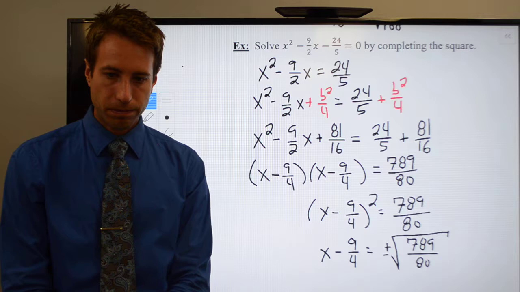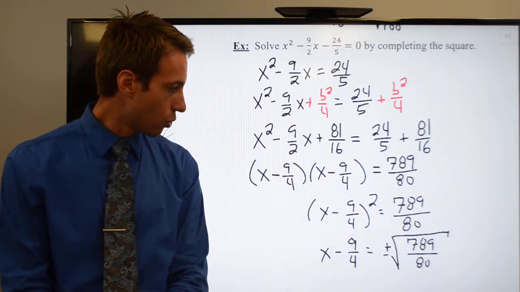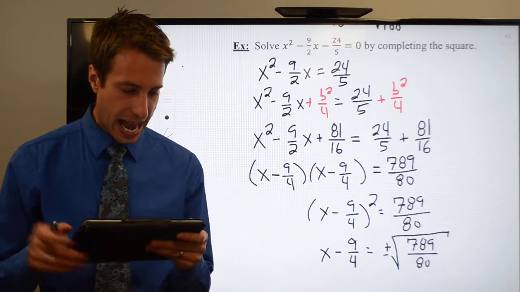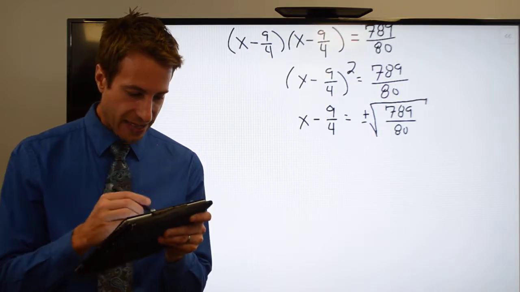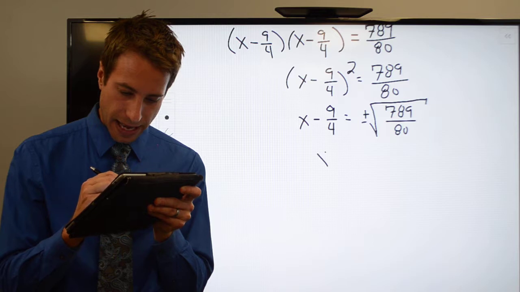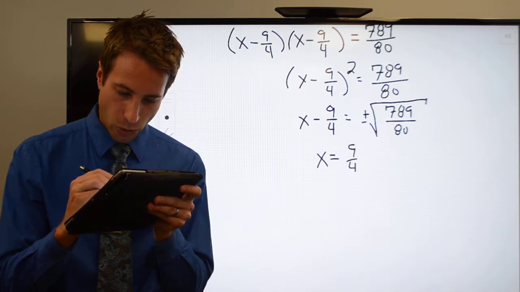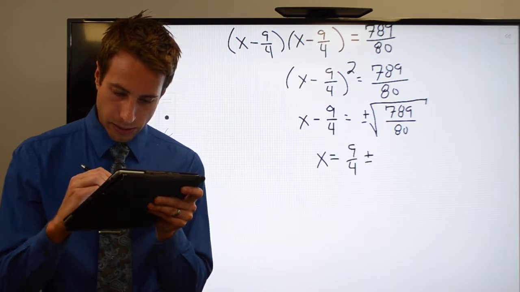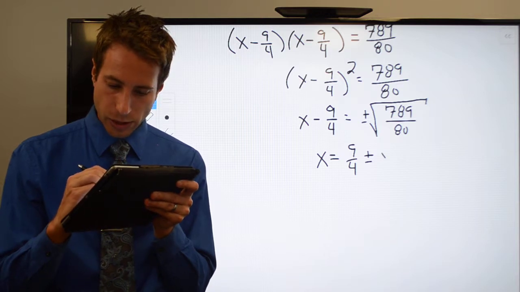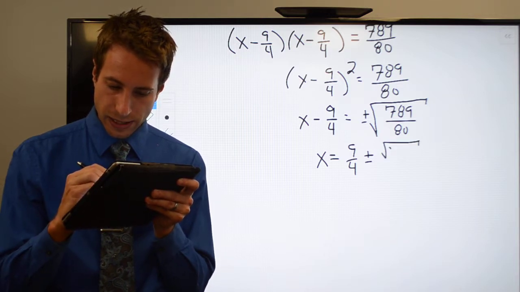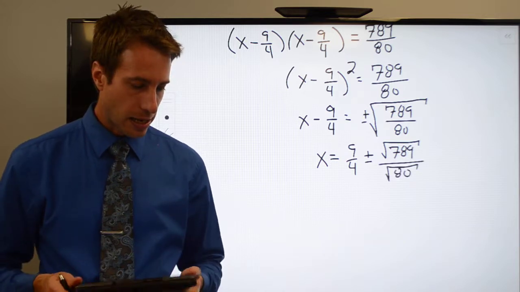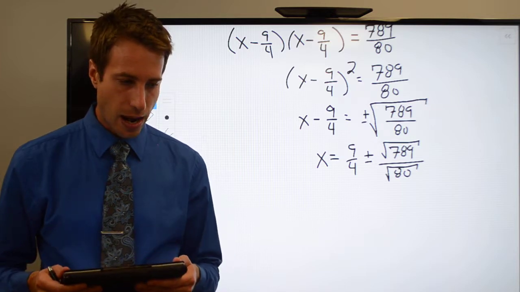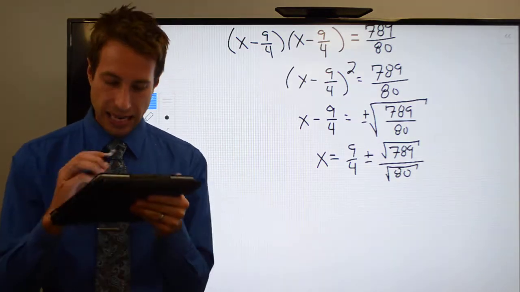Okay, so let's see what happens here. I gotta add that 9/4 to the other side so that I have x equals 9/4 plus or minus. We're gonna split these guys up. We're gonna do the square root of 789 over the square root of 80. Yikes. Let's do 16 and 5.